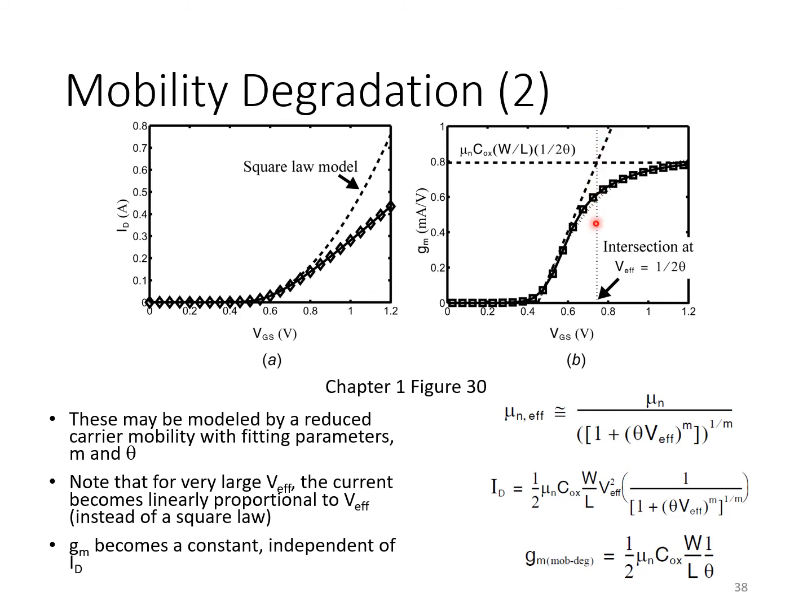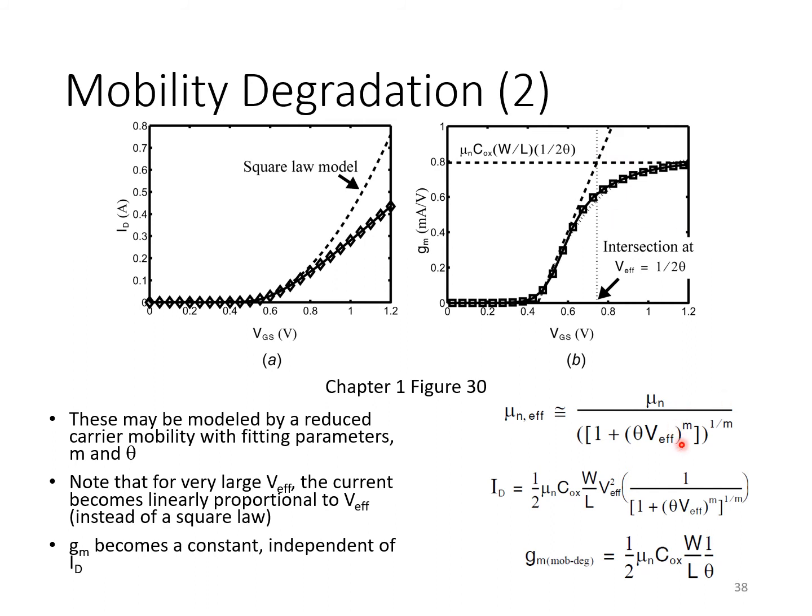Equating those, we can solve for V effective, and it turns out the intersection occurs at a value of 1 over 2 theta. So fitting a straight line here and a horizontal line here, finding their intersection, from that intersection we can infer the model parameter theta.